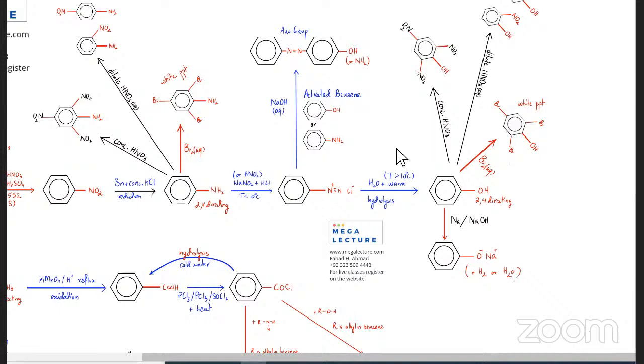But alcohols are not going to react. Is that clear? If you have a carbon chain and then there is an OH, then it's not a phenol. It's a simple alcohol. Or sir, if CH3 is attached to the alkyl chain.